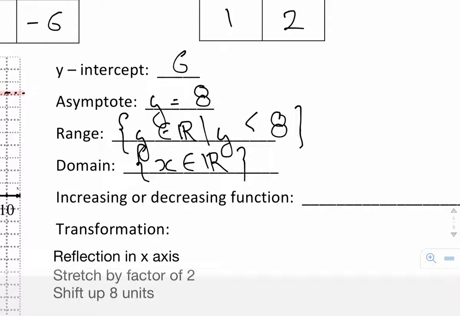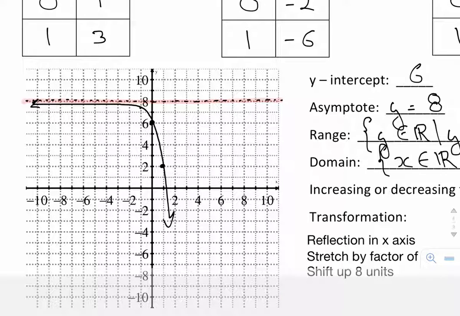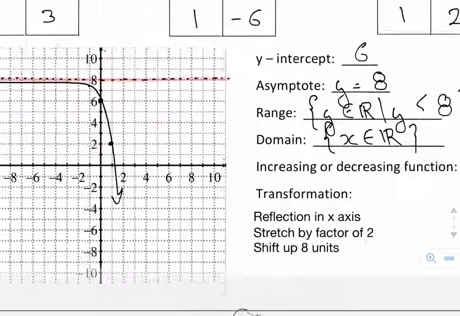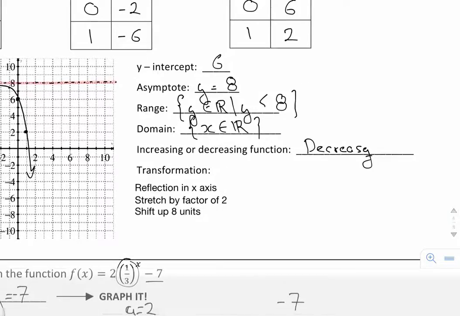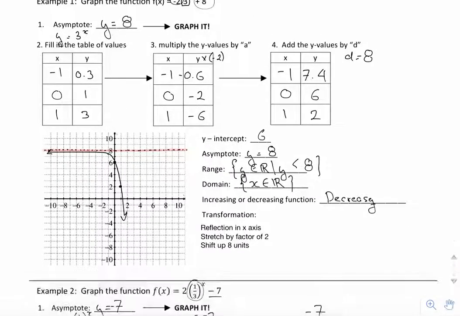The function is, in this case, decreasing. And the reason why is because if you look at the graph, the values of y are continuously going down, okay? So that's a decreasing function. And finally, I've listed there for you the transformations. Reflection on the x-axis, stretched by a factor of 2, and a shift up 8 units. And there is your first example.